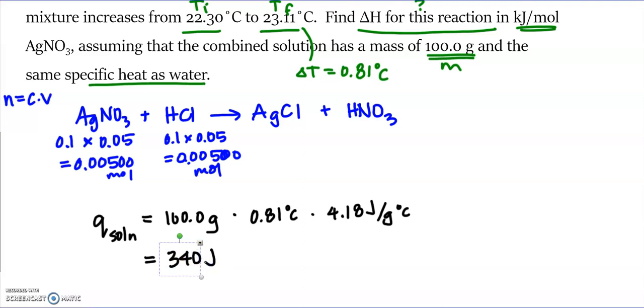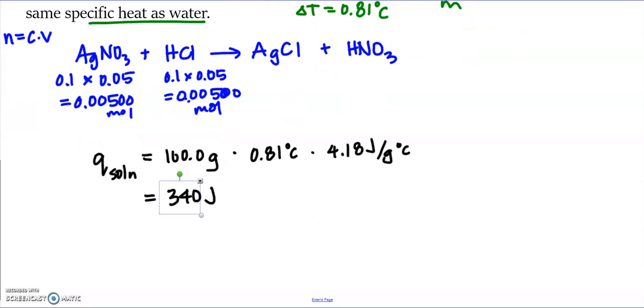All right, and then we can find our enthalpy of reaction. It's going to be our negative heat of solution. So negative, and I'm going to write 0.34 kilojoules because it asked for the answer in kilojoules, right?